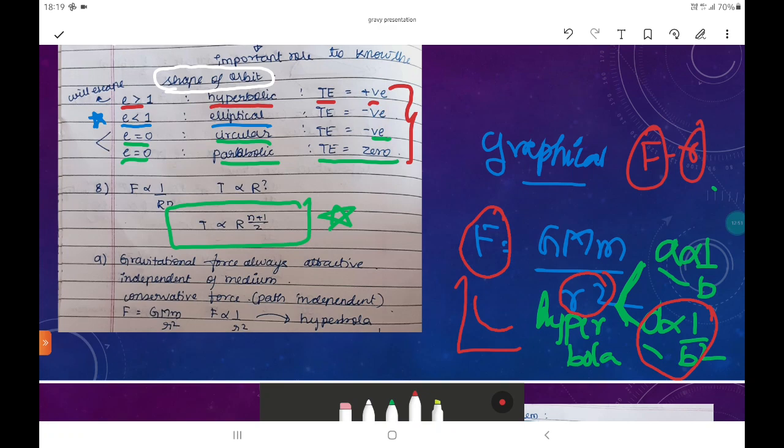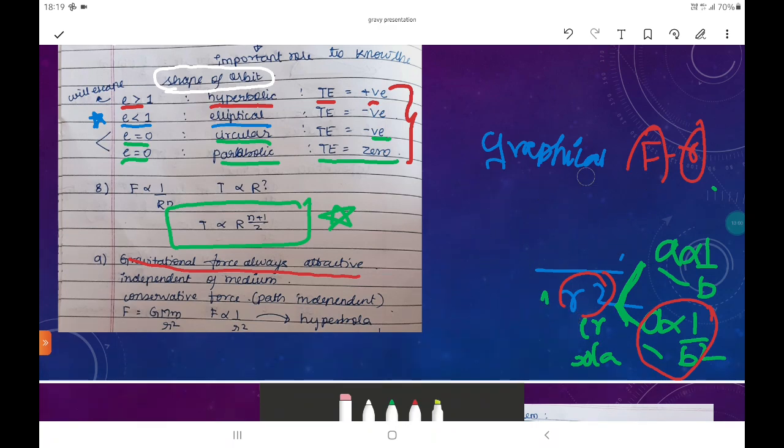And gravitational force is always attractive. Okay, remember this. And one more thing, gravitational force is always independent of the medium. It will never depend upon the medium.